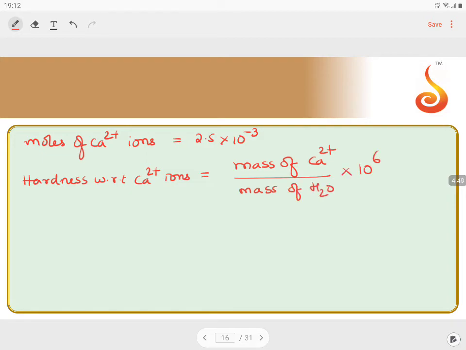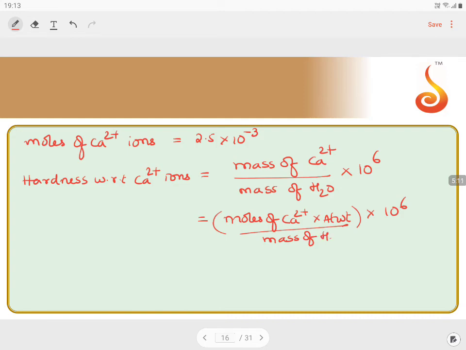This is the formula. But mass can be written as number of moles of Ca2+ multiplied with atomic weight of calcium, into 10 power 6 by mass of water.